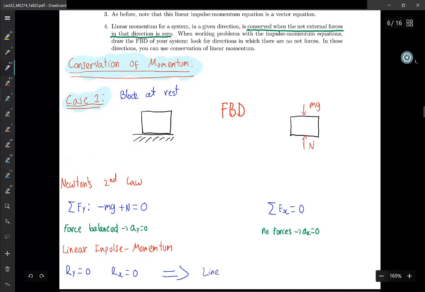So then we say that the linear momentum is conserved. In which directions? Okay, not in all directions. Let's say in x and y directions.